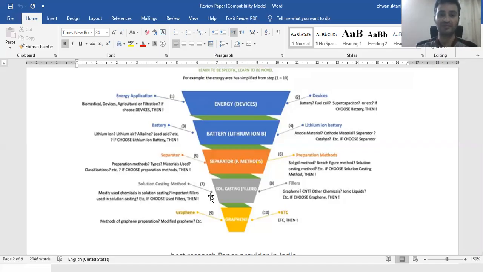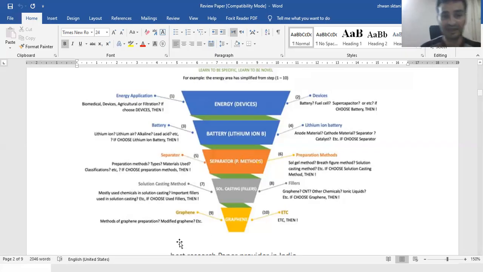The importance is that when you choose the topic, it is about simplifying things, and you make the research gap simplified into very small parts and a very clear objective.